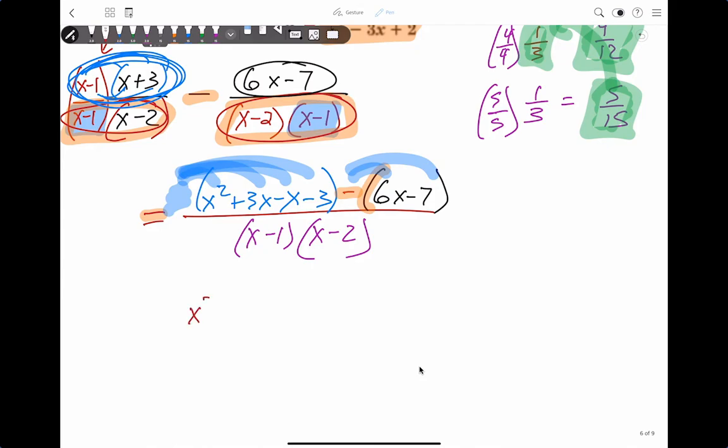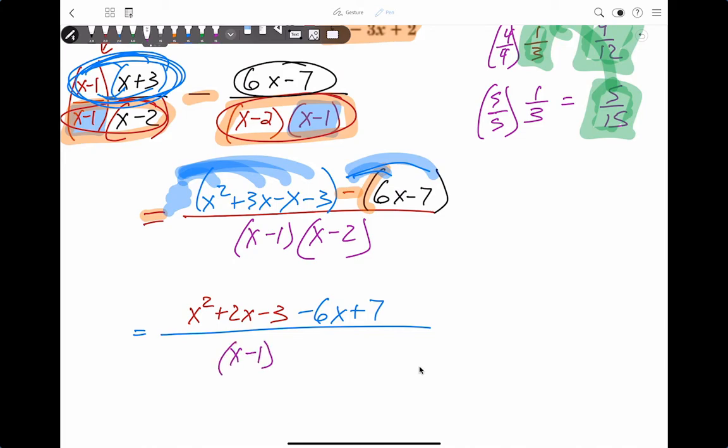This is now x squared plus 3x minus x, which is 2x, minus 3. And now this one distributes to a negative 6x plus 7, because a negative times a negative is a positive. Again, just like before, I will not distribute the bottom, the denominator, until I'm finished canceling and reducing. Then I will distribute and simplify.